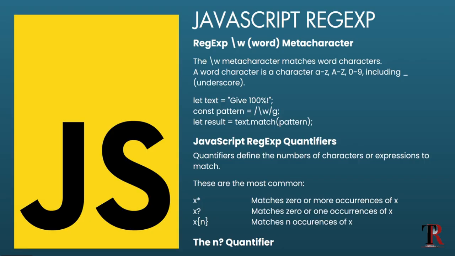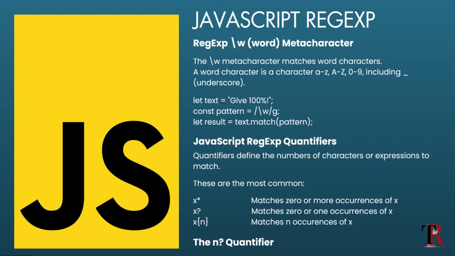So let's take a look at an example of one of these. The one I want to talk about and give an example of is the X question mark quantifier. Now, the question mark quantifier is exactly like this, X question mark, which is expected to match 0 or 1 occurrences of X as its description.